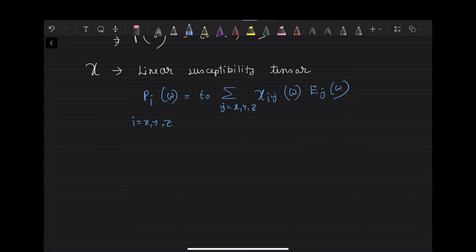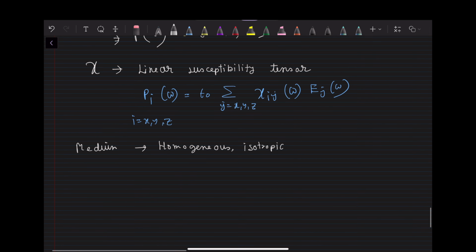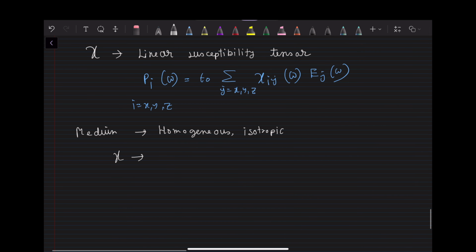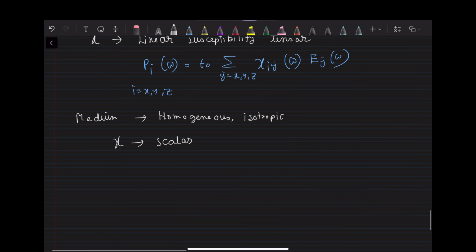And for simplicity, what we want to assume is that our medium is homogeneous and isotropic. Isotropic means that it's same in every direction. So what we are left with is chi as a scalar, so it makes our life much easier.